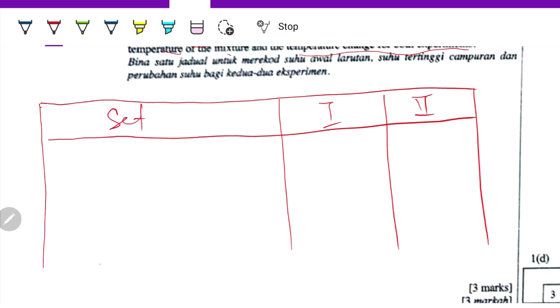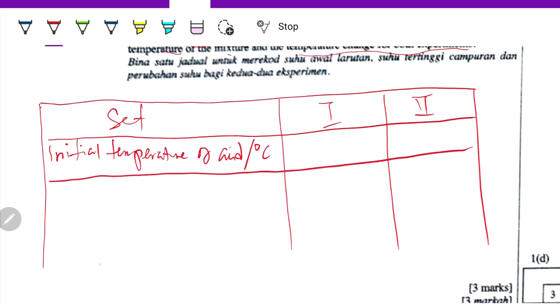After that, initial temperature of acid in degrees Celsius. For set 1 it is 28, set 2 also 28. Then the initial temperature of alkali. The unit must be stated. Now also 28.